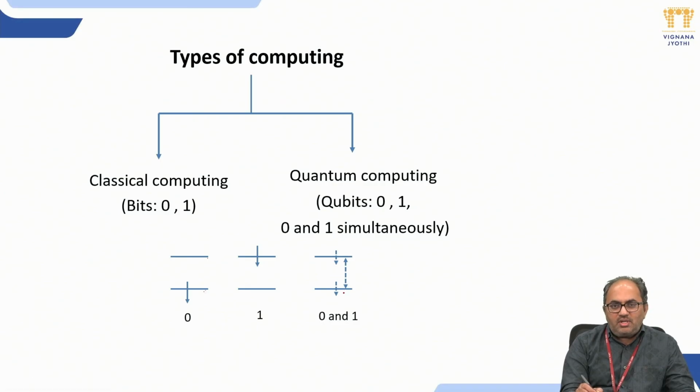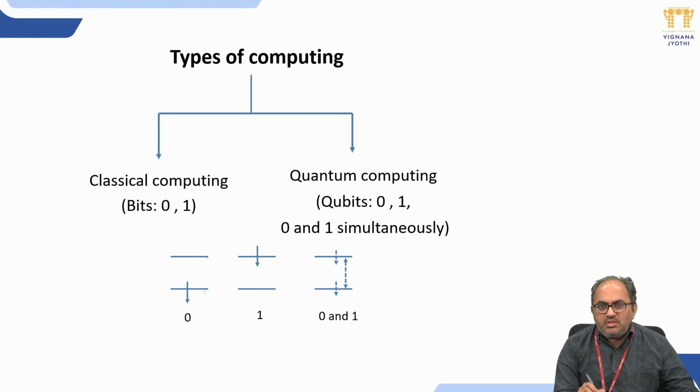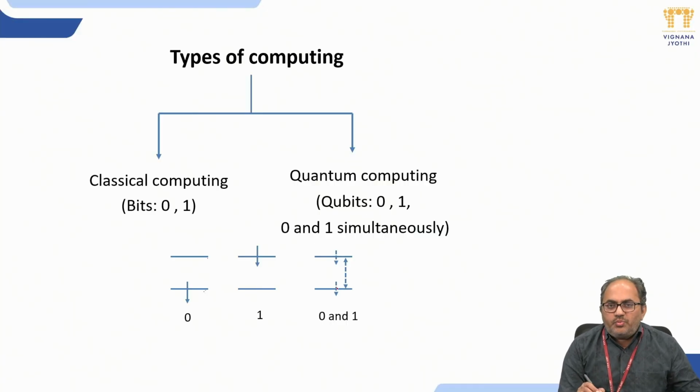An electron is a quantum particle, so we can have a state where an electron is living in both the ground state and the excited state simultaneously. We consider this as a qubit. Let us start understanding how this qubit is used in processing the information, and how it gives power to the computing.